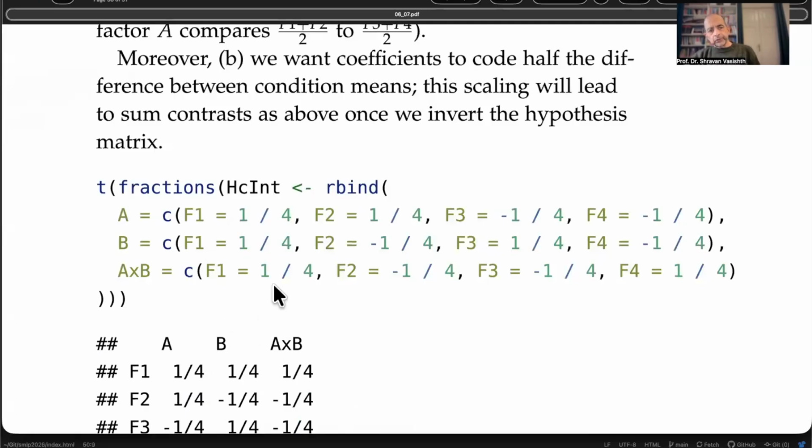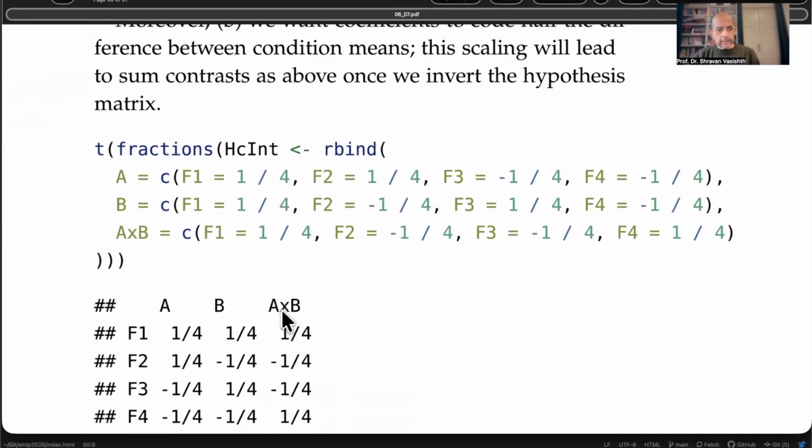So what we are going to do now is write out the hypotheses that we are testing. We could be testing whether the mean of F1 and F2, the mean of these two conditions, is different from the mean of F3 and F4, right?